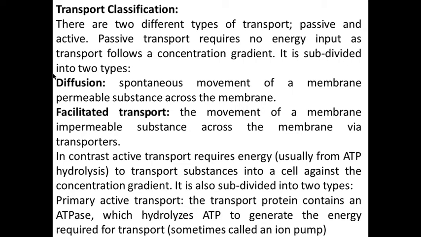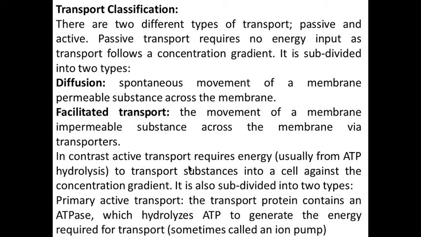It is subdivided into two types: diffusion, a spontaneous movement of membrane permeable substances across the membrane; facilitated transport, the movement of a membrane impermeable substance across the membrane via a transporter.